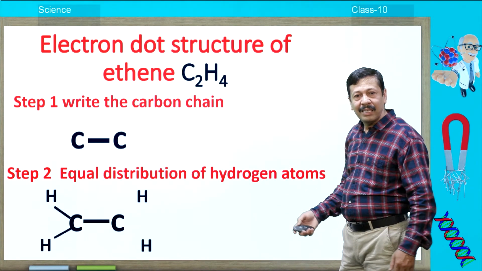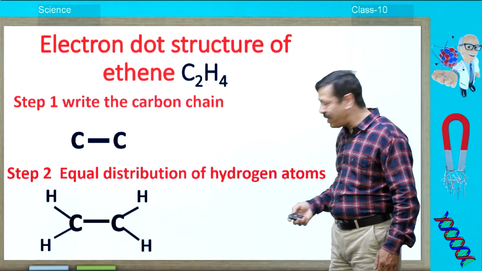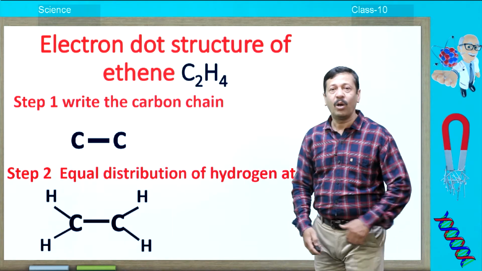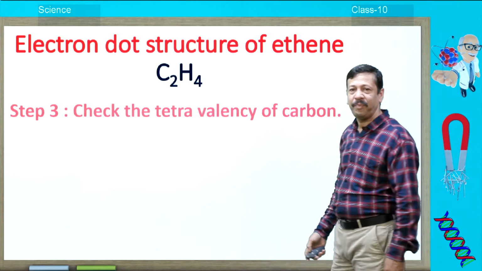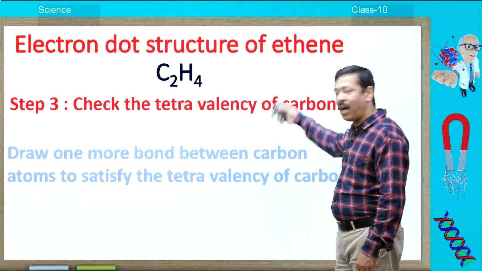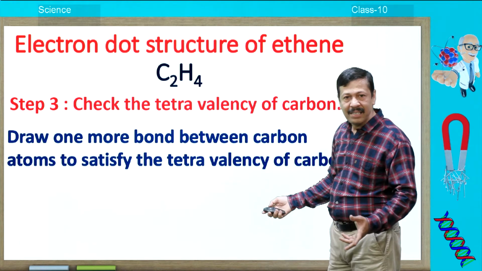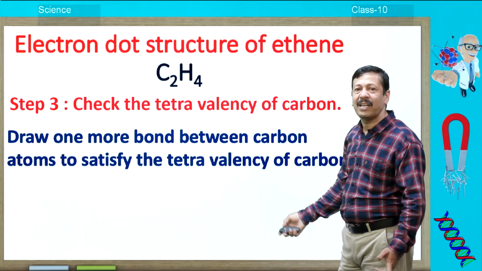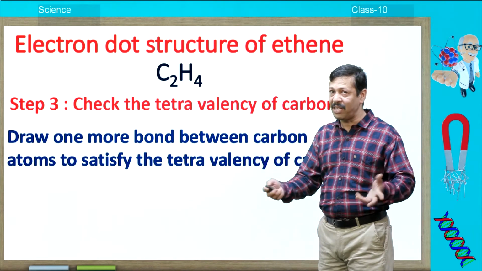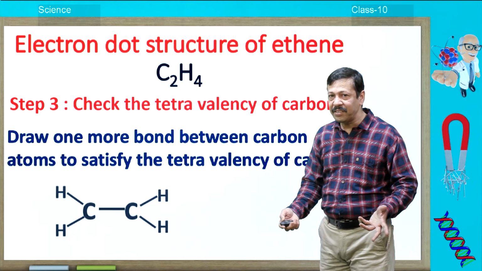Now let us draw the bond between hydrogen and carbon. Yes, completed. What is left? Now check the tetravalency. Check the tetravalency of the carbon, whether it is satisfied. Draw one more bond between the carbon and carbon to satisfy the tetravalency. Have you counted?